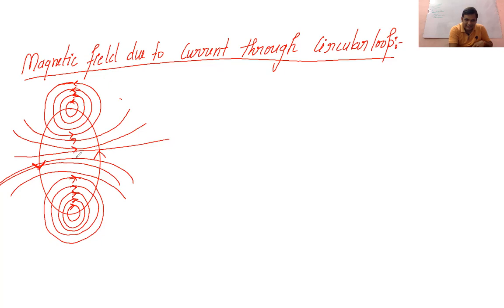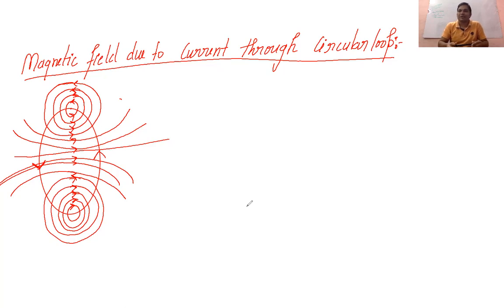It means the magnetic field is moving like this. So it means if there is any circular loop and current is flowing through it, then it will act like a magnetic dipole.